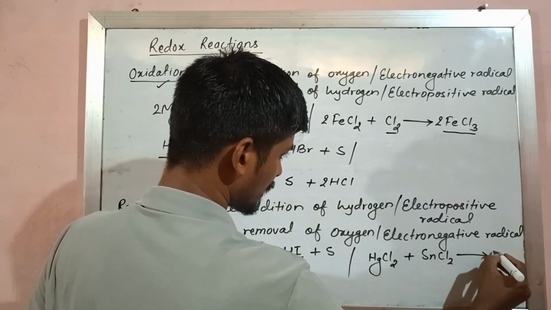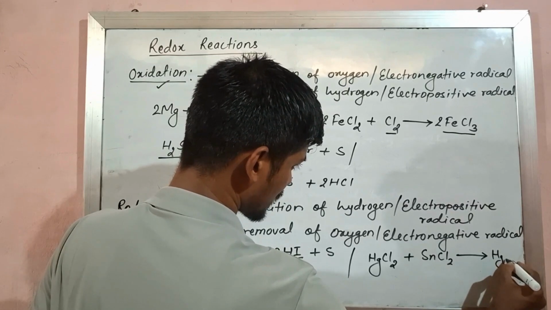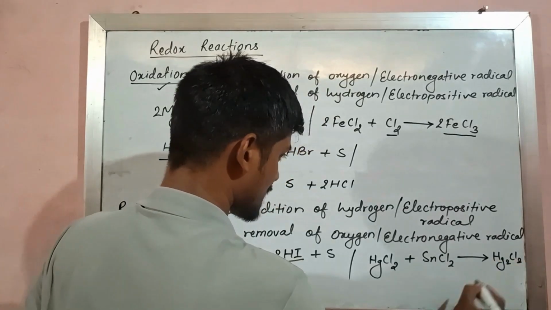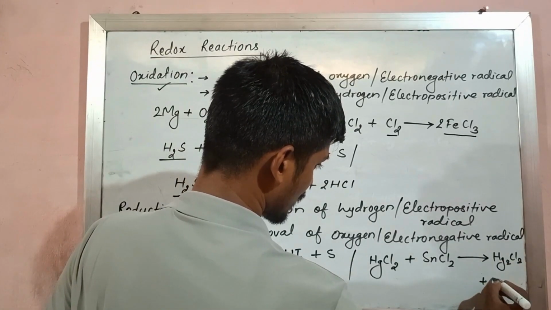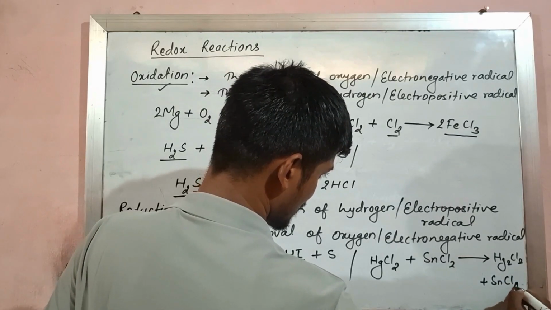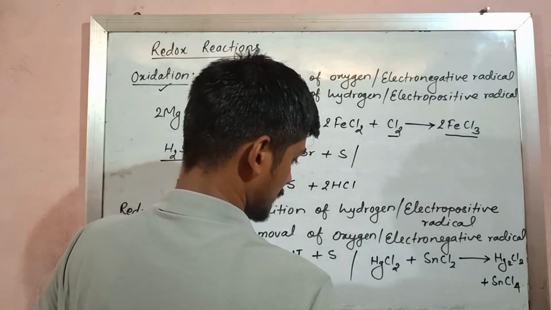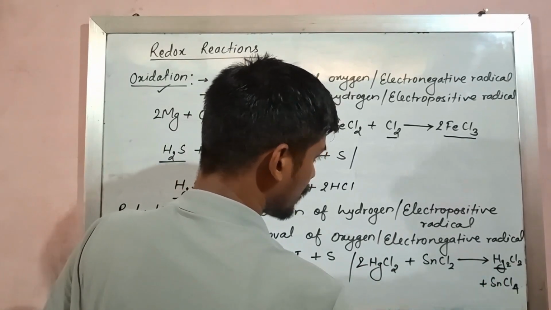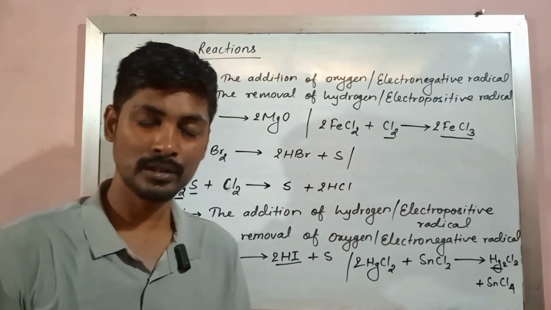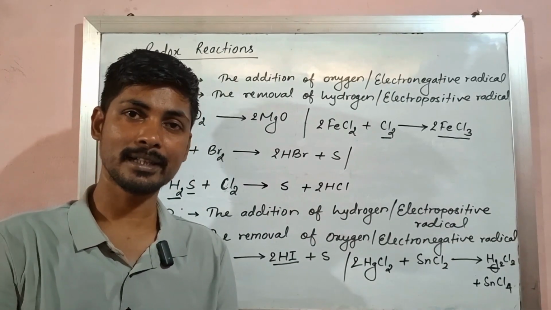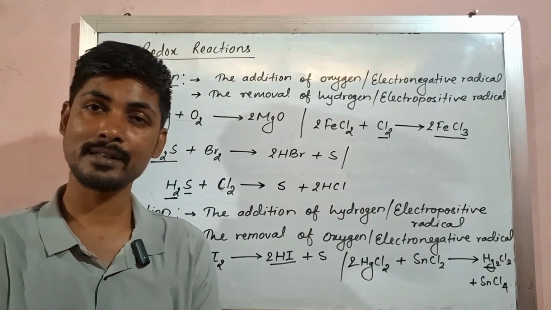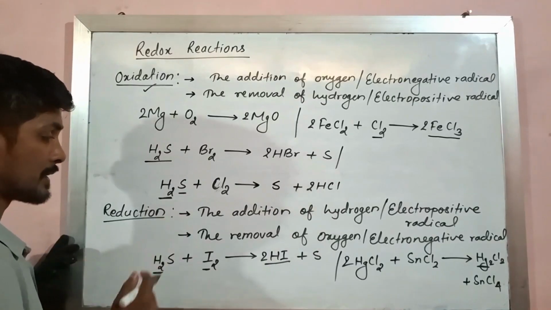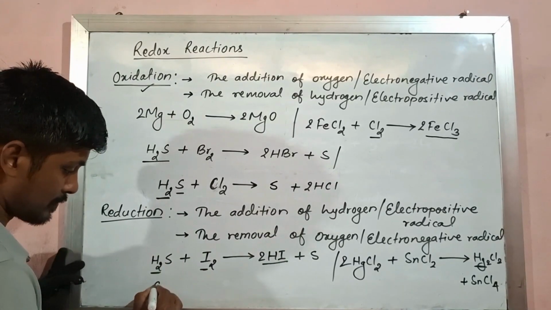If this mercuric chloride changes into mercurous chloride, that means one more mercury metal is added here, and SnCl4 is formed in this reaction. Then here is addition of what? Electropositive radical. So this addition of electropositive radical is also known as reduction. Now, removal of oxygen.